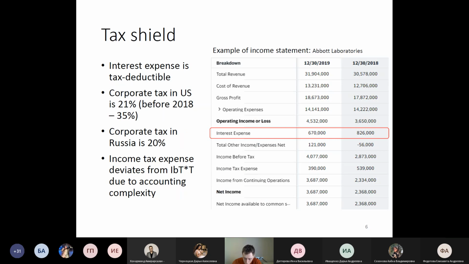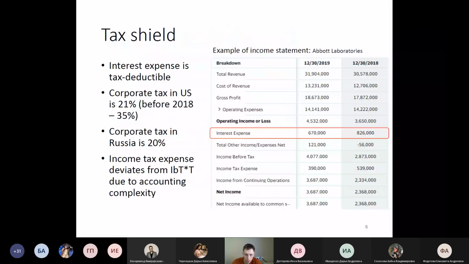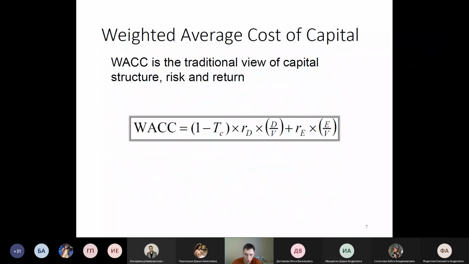And an important adjustment that we make here: we illustrate the principle that the total cost of capital of the firm is the weighted average of the costs of debt and equity. Then at this step we have to make an adjustment due to the fact that debt is tax deductible. The more interest you pay, the less profit you would have, and therefore the less taxes you will need to pay.